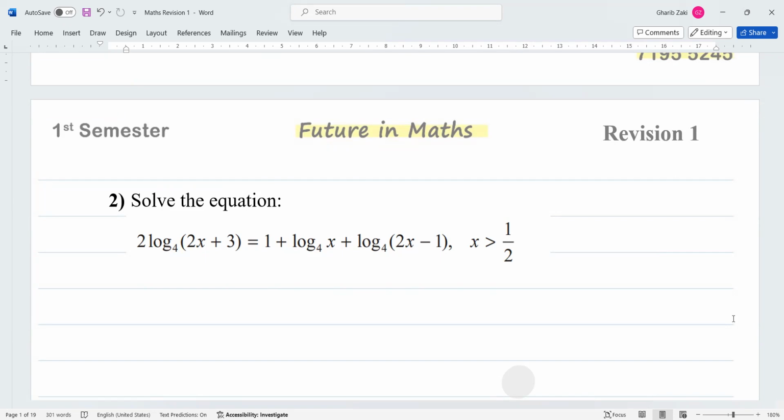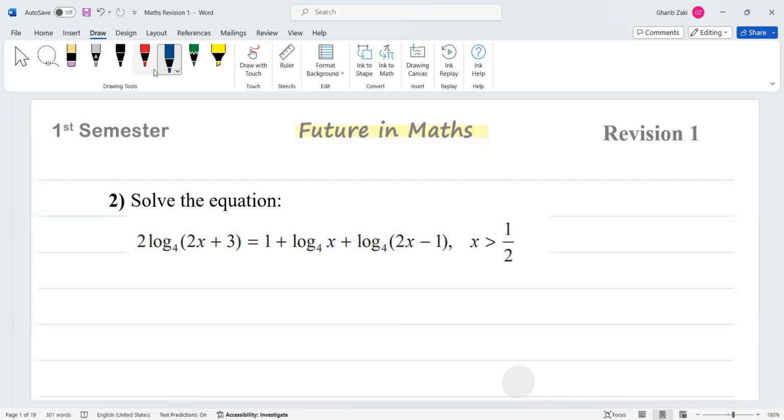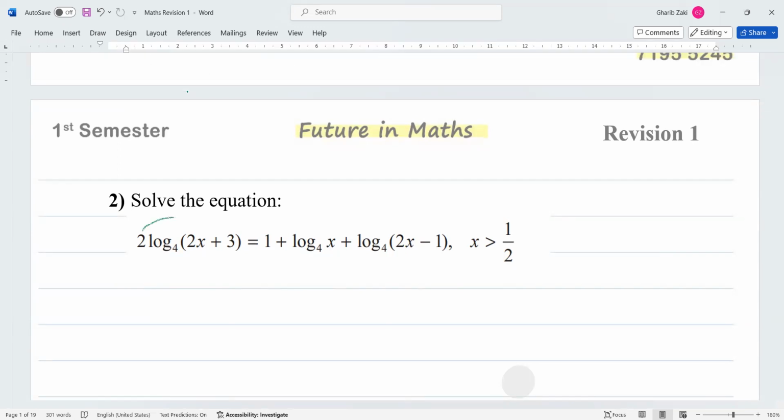Okay. What is the difference between this question and the previous one? Here, it is the same log, so it's easier. But we have to write log without number beside. So this 2 comes at the power.